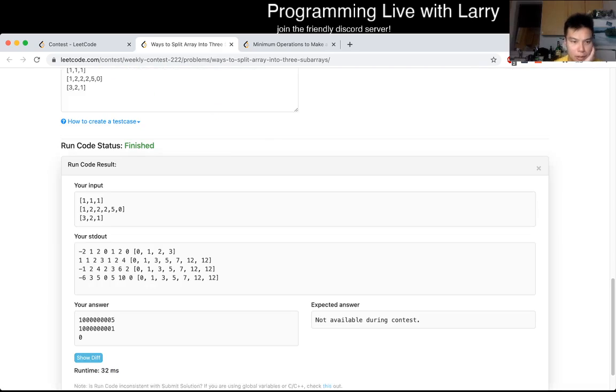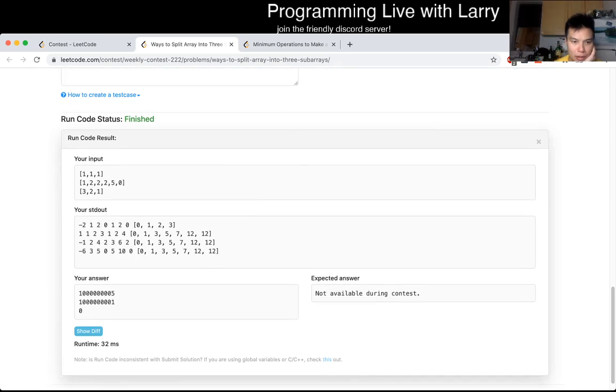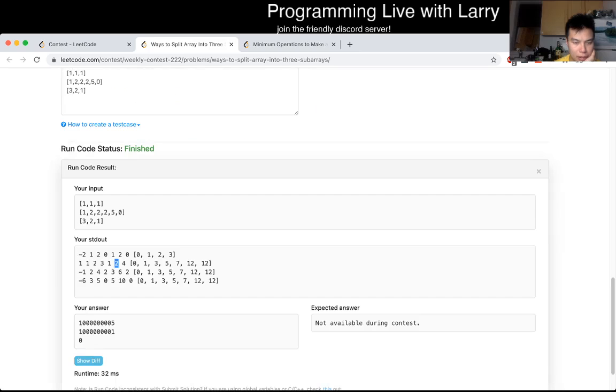Because the prefix is 3, so you have 12 minus 3 is 9, divided by 2. Okay, maybe that makes sense. Where does the 2 come from? 2 is the right target. So that means that the prefix is going to be 3.